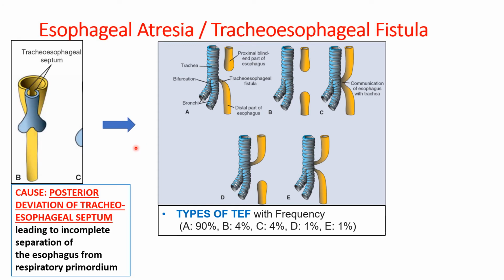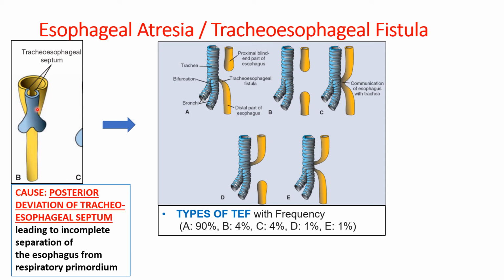Now let's understand the cause of this tracheoesophageal fistula. We know that there is a tracheoesophageal septum which separates the respiratory primordium from the foregut. When there is posterior deviation of the tracheoesophageal septum, this leads to incomplete separation of the esophagus from the respiratory primordium.